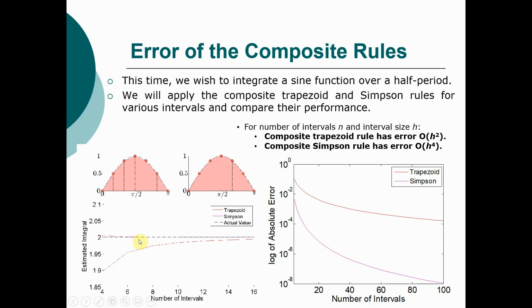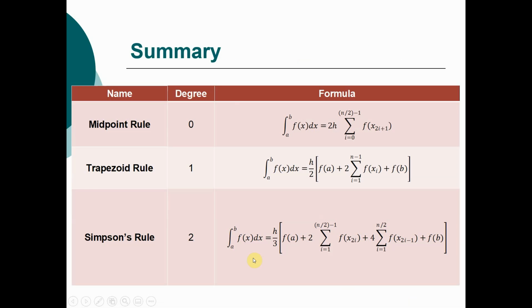The error is very small, so you don't need to do much decomposition. But for the trapezoid rule, because it's a simpler approximating function, you have to increase the number of subintervals, and you don't even get to the same accuracy as Simpson's rule.